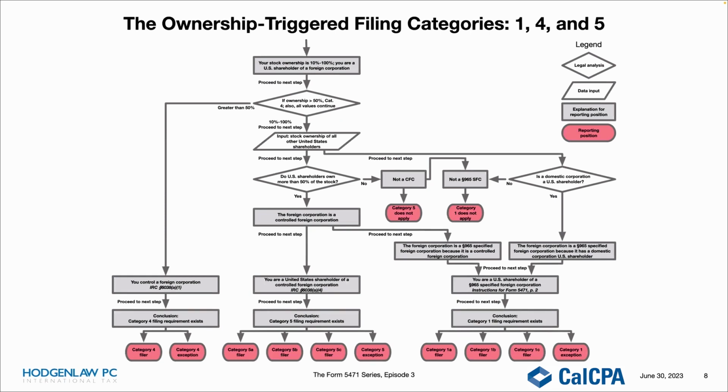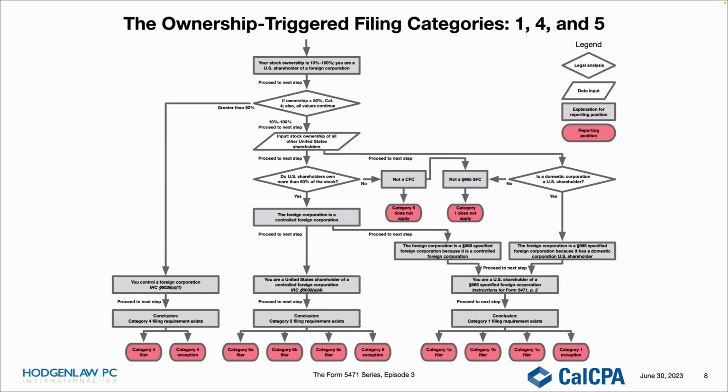Sometimes it's purely a data question. The parallelogram is input data that I've previously computed somewhere else. So you'll see the third little shape down says input stock ownership of all other US shareholders. In the previous step up above this screen, I've figured out who all the shareholders are. And so I know who the other US shareholders are, so we can go down and figure CFC status.